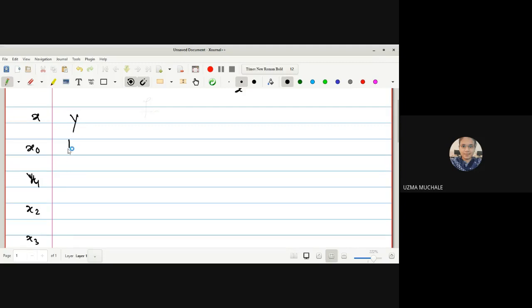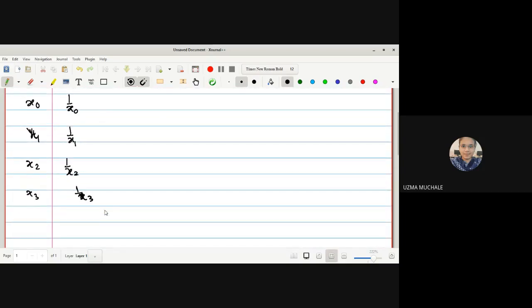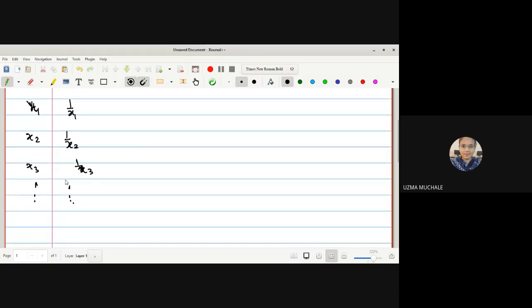The value of y is not given, so we can have 1 upon x0, 1 upon x1, 1 upon x2, 1 upon x3, and we can write up to n values. Continuing in this way, the last one is xn, so here 1 upon xn.